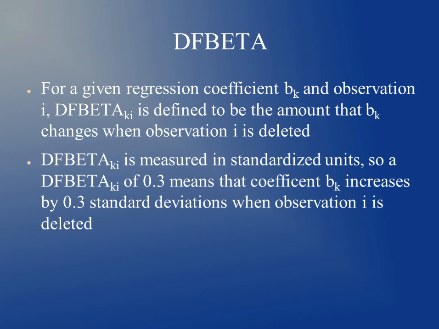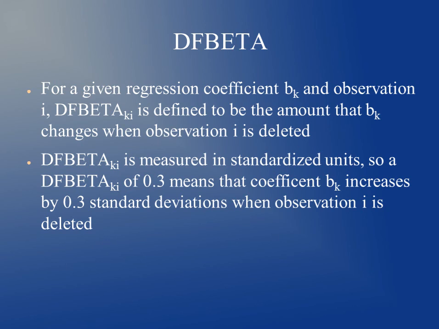So if we go back to that stack loss model where we had the three predictors, airflow, water temperature, and acid concentration, and we considered airflow to be our first predictor, then DFBETA 1,1 would be how much the coefficient on airflow would change if we removed the first observation. So DFBETA is measured in standardized units.